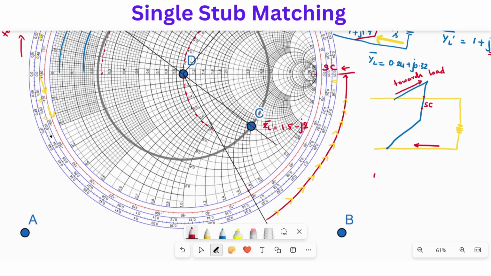I'll write it here. So 0.25 lambda minus the length, we have to subtract this length, right? Then we'll get the remaining length, which is what we wanted. So 0.162, 164 and 166. 0.166 lambda, that is the length.